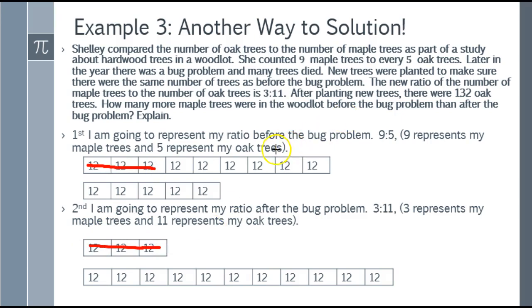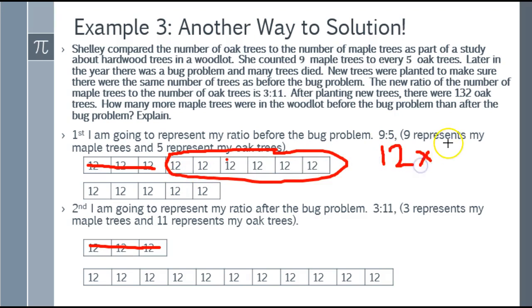So then I'm just going to look at the 6 that I have extra in my first diagram. Then I can take 6 times 12, I have 12 times 6, to get that I have 72 more maple trees before the bug problem than after.